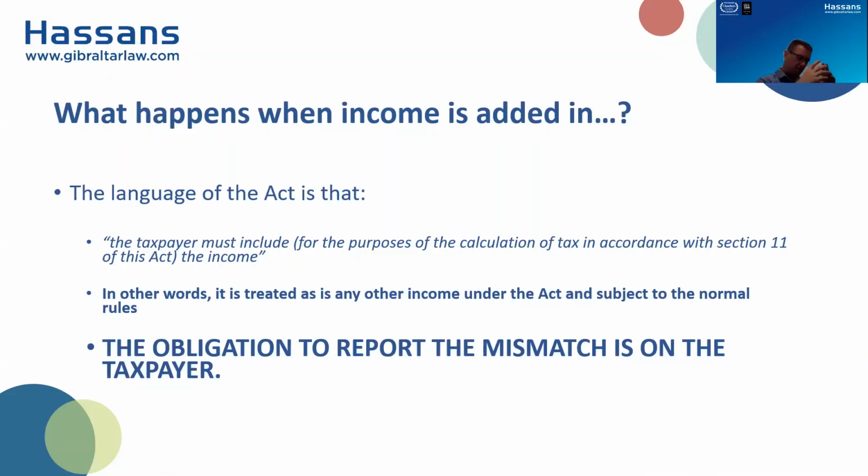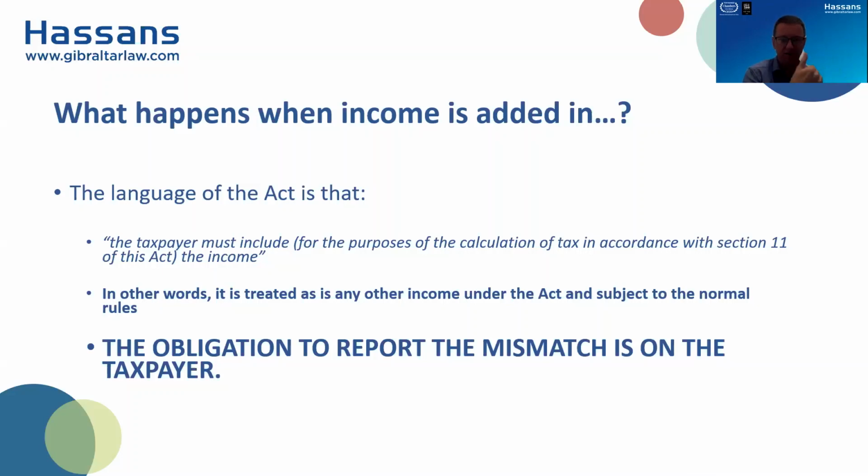So for those of us that carry out the actual returning of income on the tax return, the CT1, or the partnership return system that we have, what do we do when we need to include income? We've identified a hybrid mismatch and we've worked out that something needs to be done and it then needs to be included.